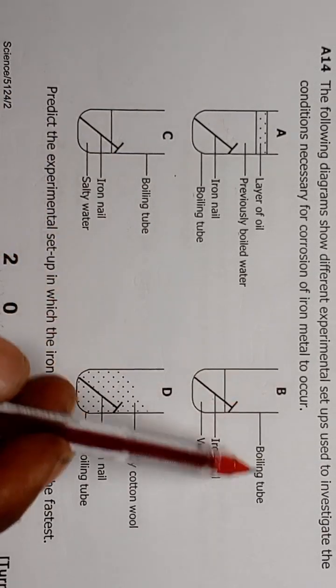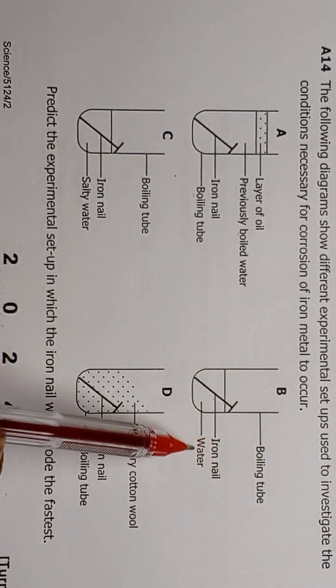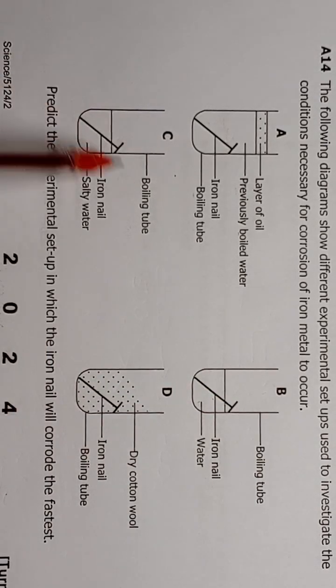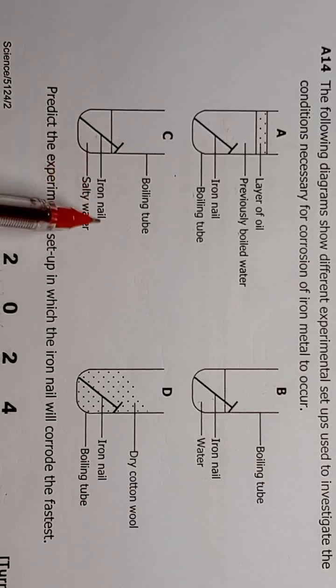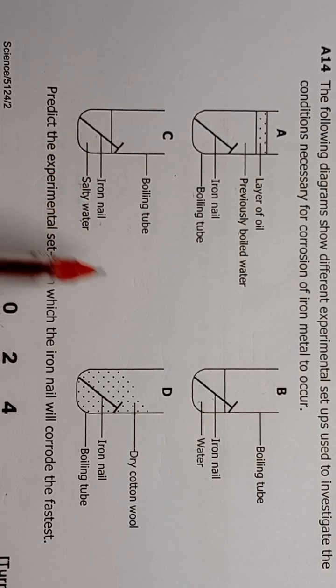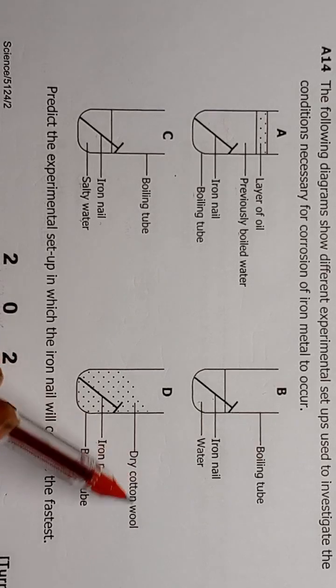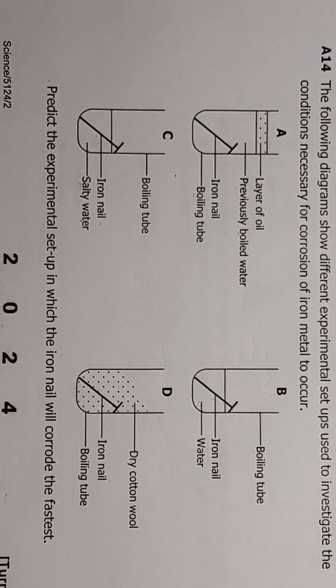Option B: boiling tube, iron nail, water. Option C: boiling tube, iron nail, salt water. Option D: iron nail, boiling tube, dry cotton wool. So let us look at option A.